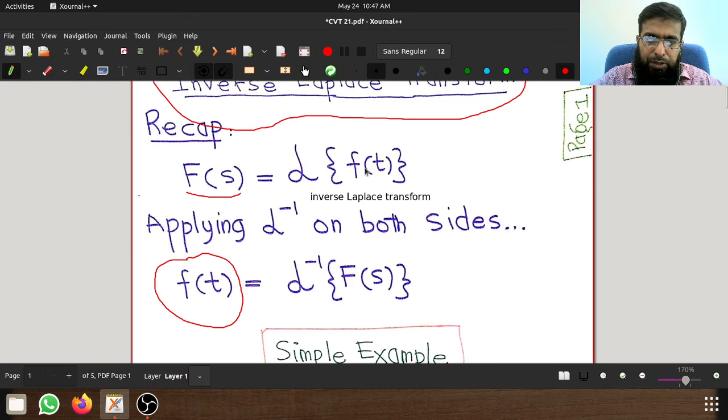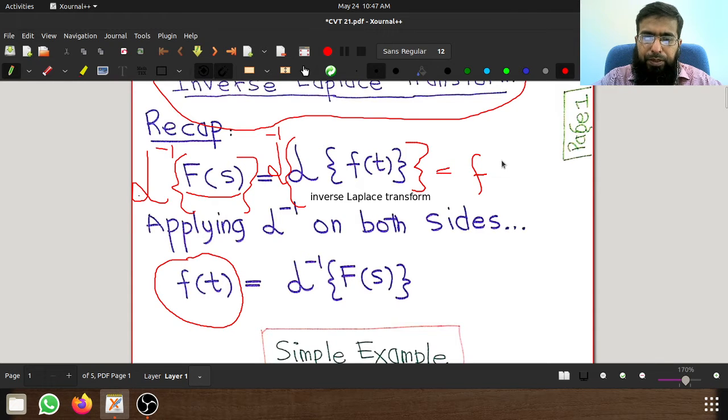So given this expression that we already know, if we apply inverse Laplace transform on the Laplace transform, this would give us f of t back, because Laplace inverse of Laplace means the original signal f of t.